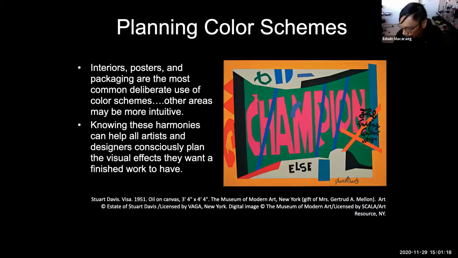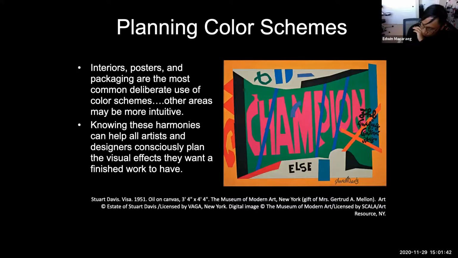So a lot of these color schemes are planned, of course. Initially, when we work with color, we just go with the colors that we are naturally seeing, such as local colors. If grass is green, we're going to make it green. If the sky is blue, we're going to make it blue. But you don't always have to do that. As an artist, you are the architect of your work. You're going to plan it out.